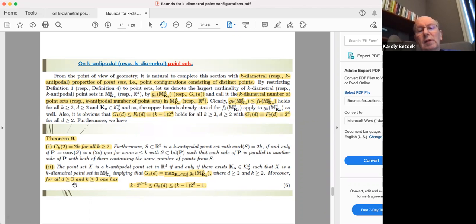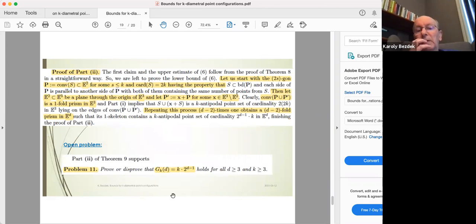And if the dimension is at least 3, then we have only these bounds available. So I know only this, that the largest cardinality of a k-diametral point set in R^d is between these two numbers. It would be nice to say more about the maximum cardinality of k-antipodal point sets.